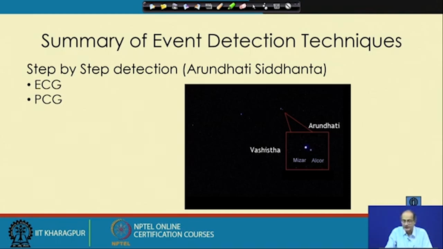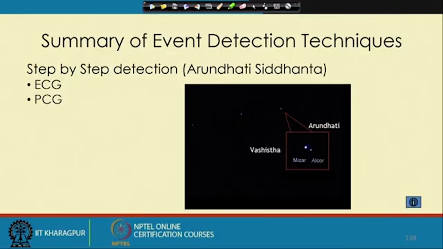The western names are Mizar and Alcor. Now, Vashishta was a very well known sage for his knowledge and austerity, and his wife's name was Arundhati. The story goes that even after their death they could not be separated, and they stay in the sky very near to each other.